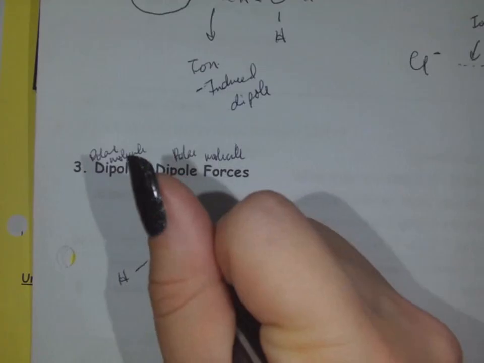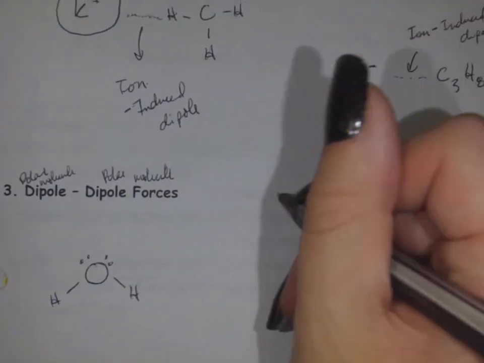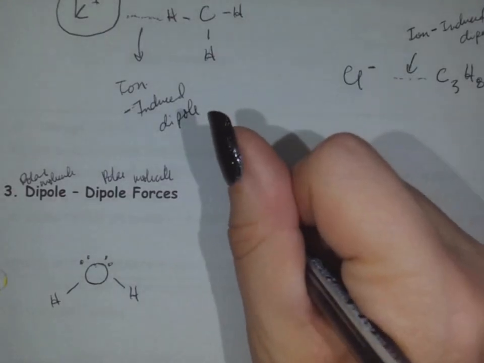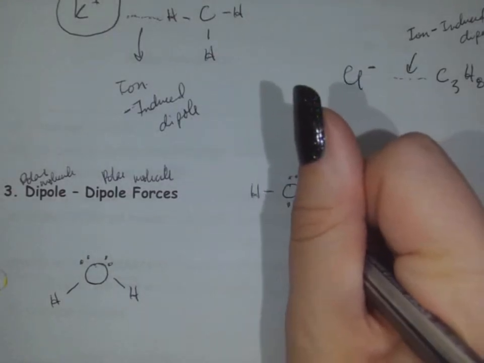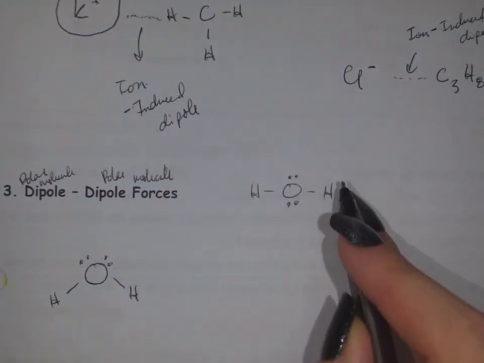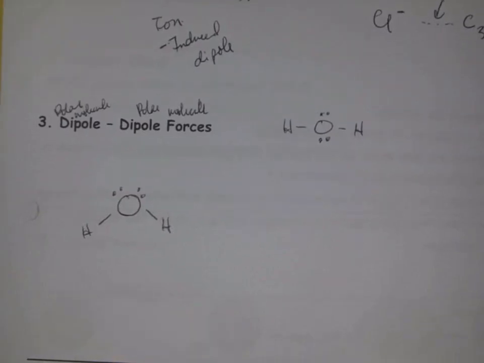And so this is far easier to see when we draw it like this. It's not wrong to draw it like this, but it's hard to tell that it's asymmetrical in 3D space. It looks symmetrical here, 2D, but in 3D it's actually asymmetrical, so it's a polar molecule.